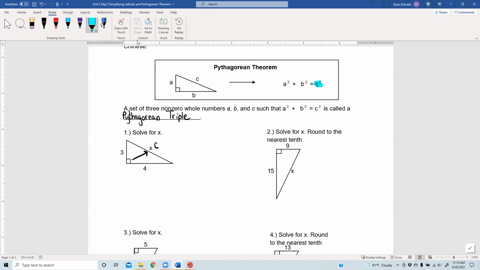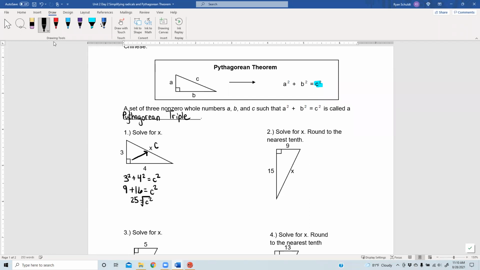So let's look at number 1. X is our C, so I can write this as 3 squared plus 4 squared equals c squared. Well, 3 squared is 9, plus 4 squared is 16, and equals c squared. 9 plus 16 is 25.